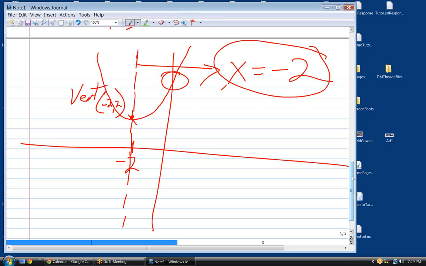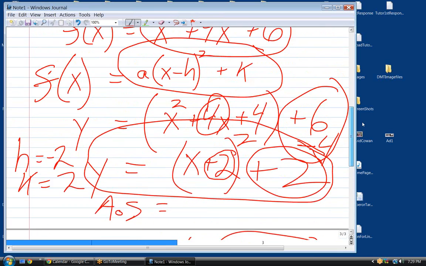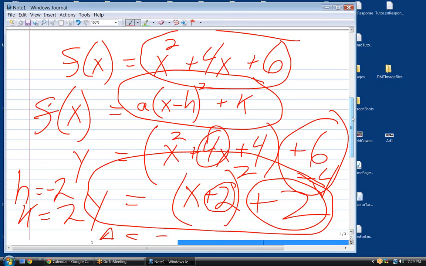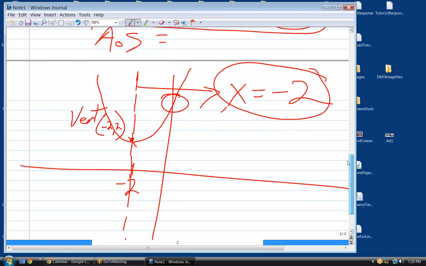What is that point? If we look at the original function, where does it cross the y-axis? What is x when we cross the y-axis? Here, let's look at the curve.